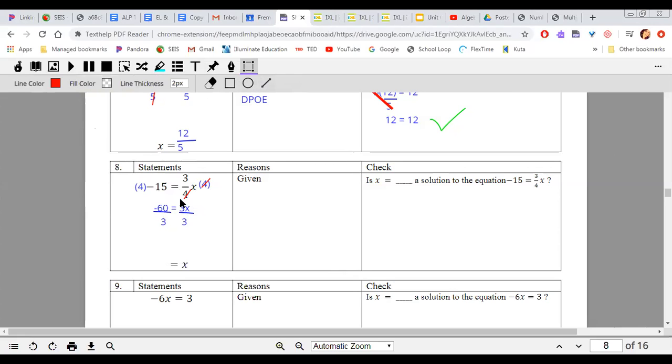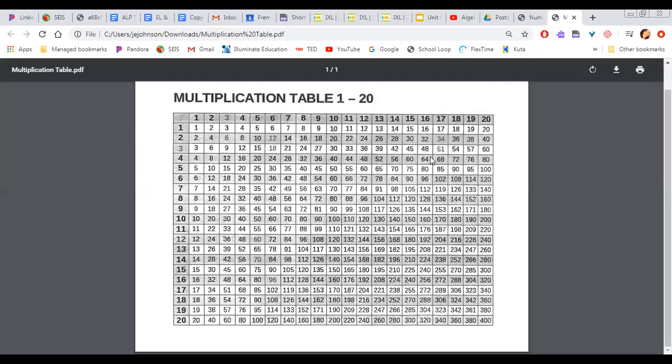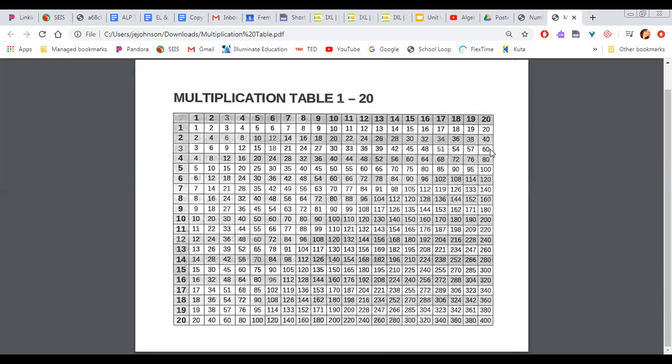The 3s. 3's cancel out. So x will be by itself. I can see that happening. And then I need to divide 60 by 3. Let's see if that's on our chart or not. Does it fit on our chart? What is 60 divided by 3?